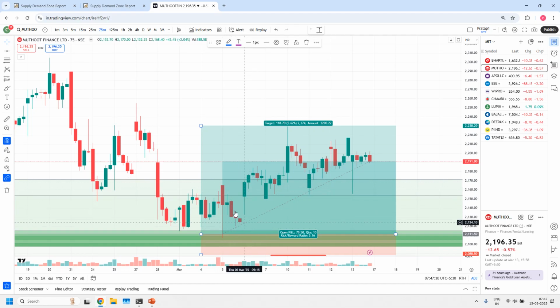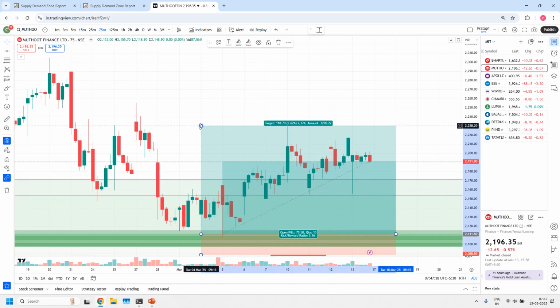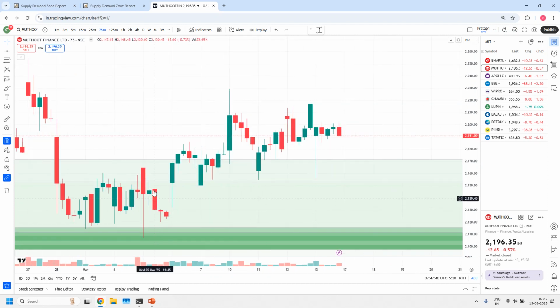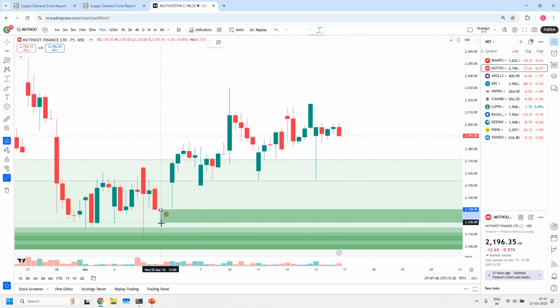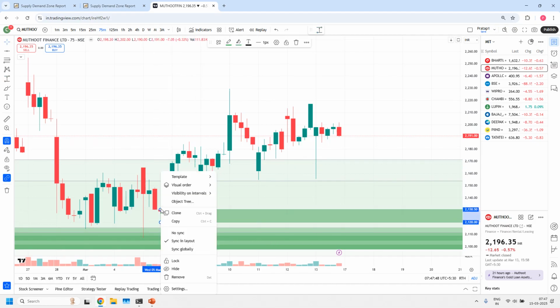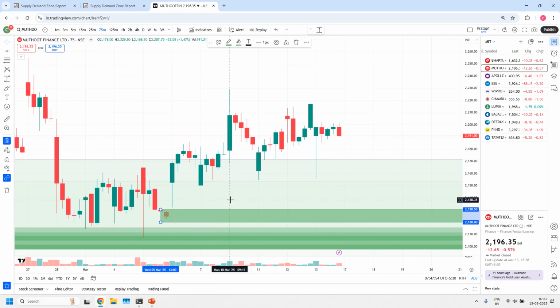New 75-minute zone. This is a fresh zone. In case next time people are looking, first let me delete this, you will understand. See, drop, base, rally is created. Let us analyze. In case next time, if anybody wants to take a trade, but it should have a fine-tuned 5-minute zone.